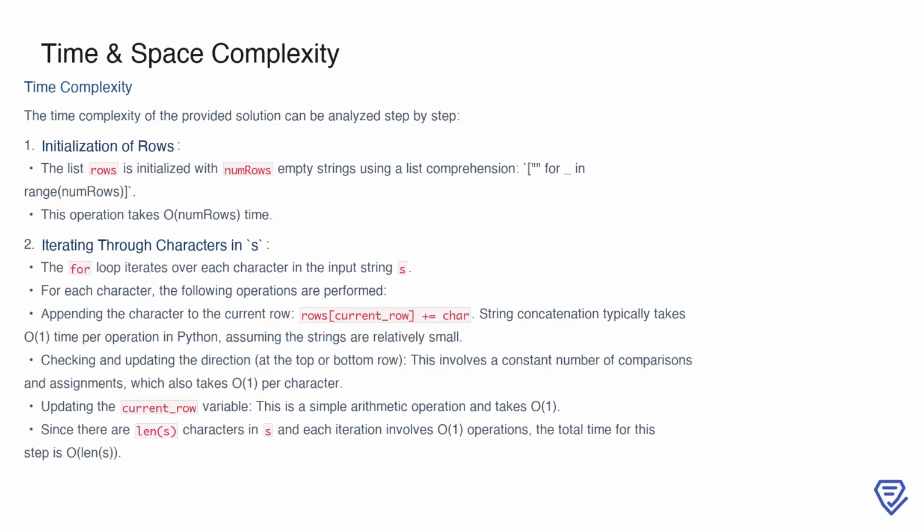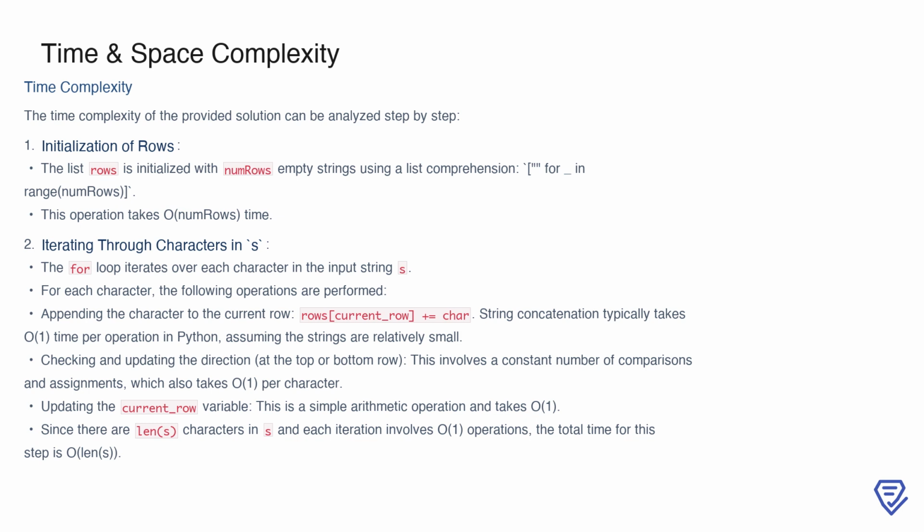To analyze the time complexity of this solution, we start with the initialization of the rows. Here, we use a list comprehension to create a list of numRows empty strings. This operation runs in O(numRows) time because it iterates once for each row. Next, we move to iterating through the characters of the input string S. For each character, we append it to the current row, which takes O(1) time if the strings are relatively small.